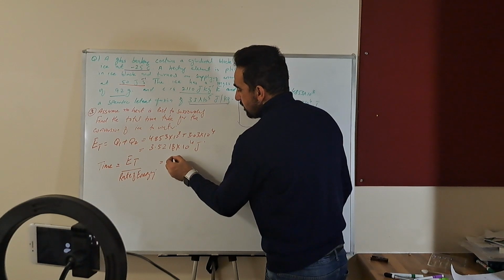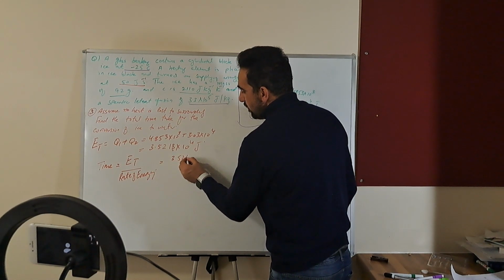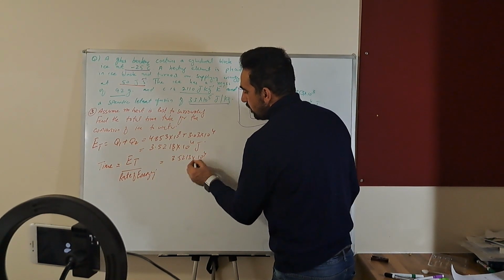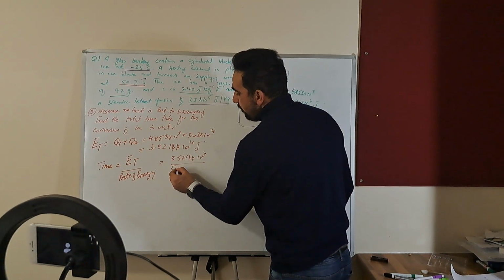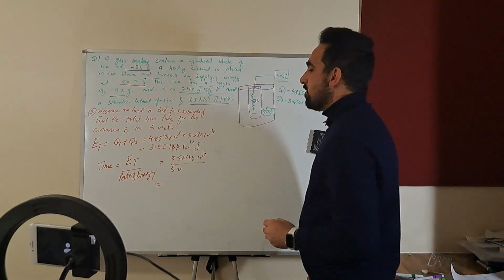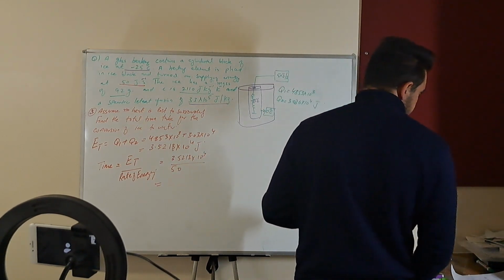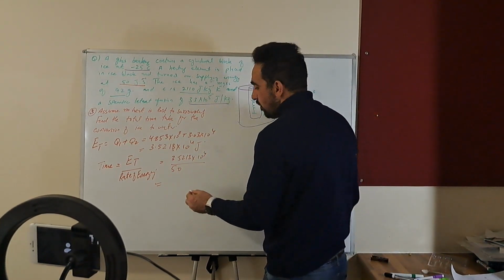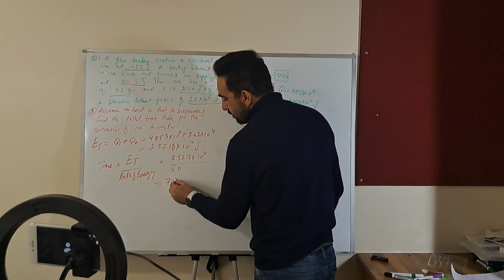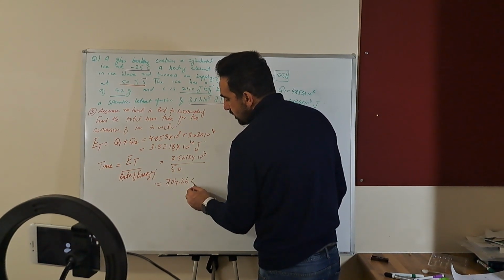So total energy is 3.5213 times 10 to the power 4 and divided by 50. So the total time will be, if you divide these terms, you get 704.26 seconds.